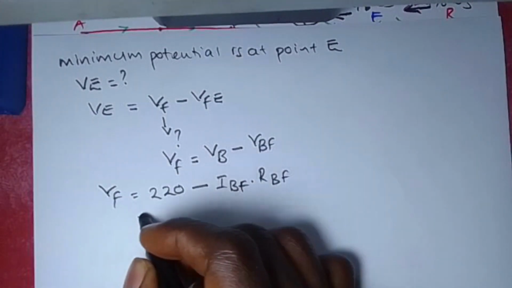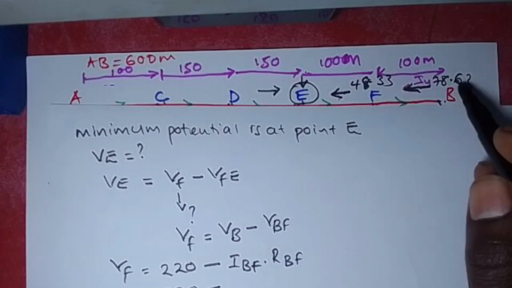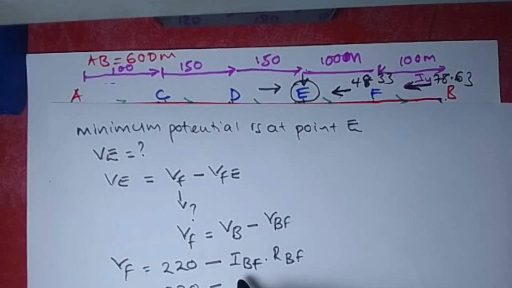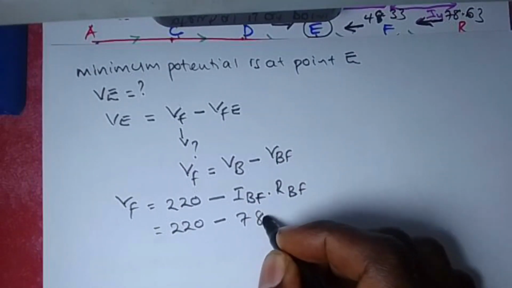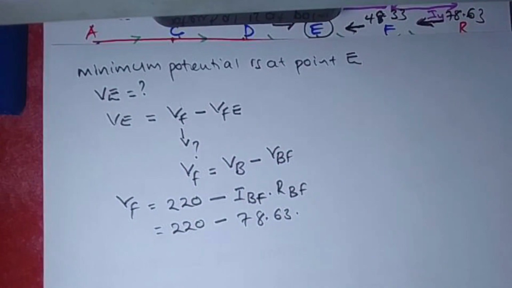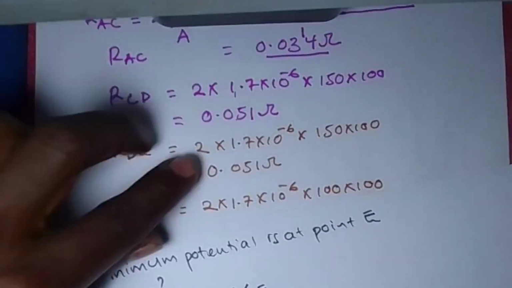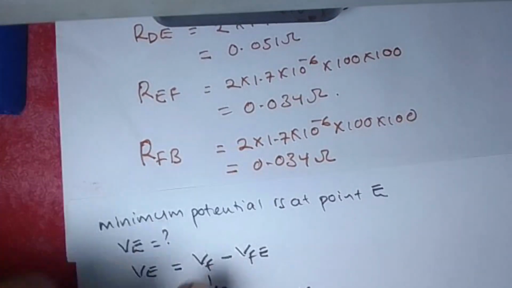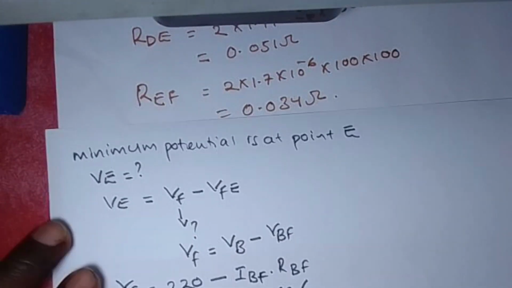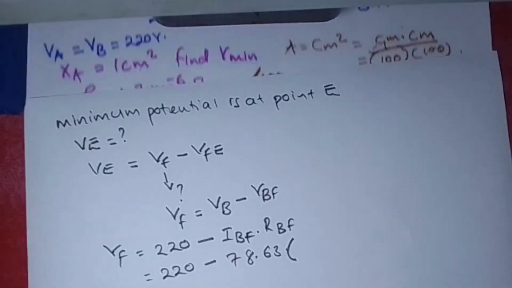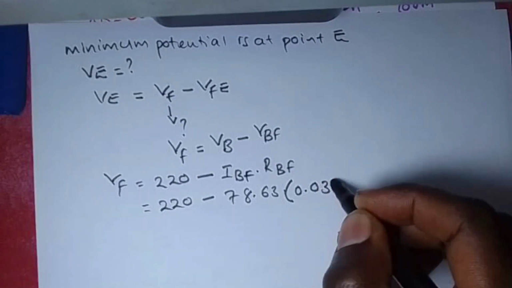So from that we shall substitute. This is going to be 220 minus the current flowing there, which we have calculated to be 78.63, times the resistance between B and F. The resistance between B and F is what we got as our RFB, which is 0.034 from our previous workings. So we substitute that value also, 0.034.